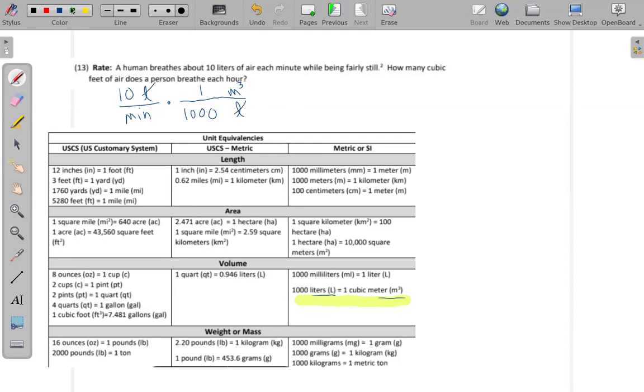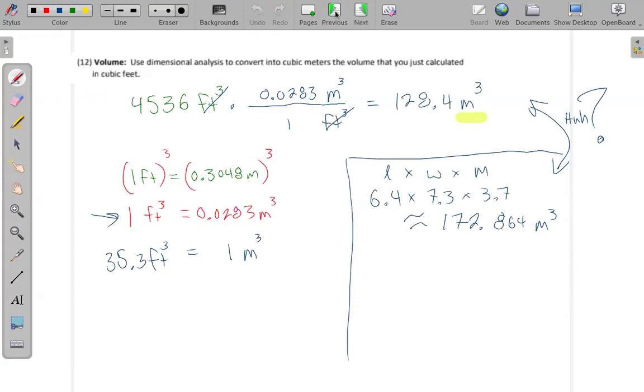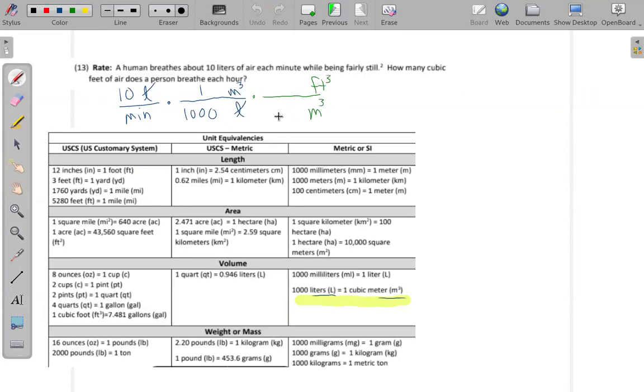Then I want to get rid of meters cubed, and we have a conversion fraction to get us to feet cubed from earlier, right here. 0.0283 to 1. So that'll get rid of the meters cubed. So that gives me the feet cubed I want, right?